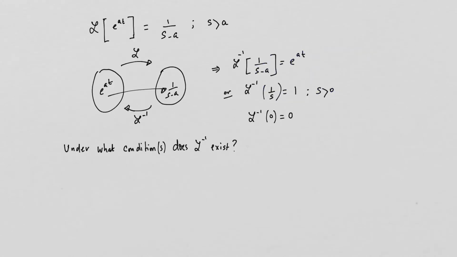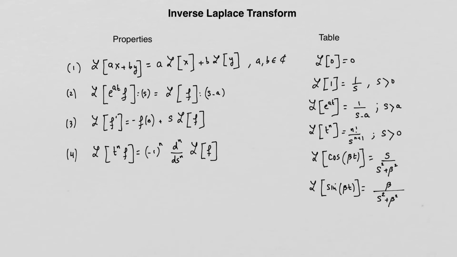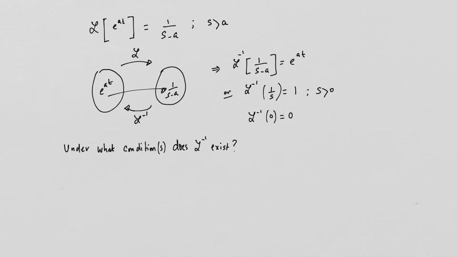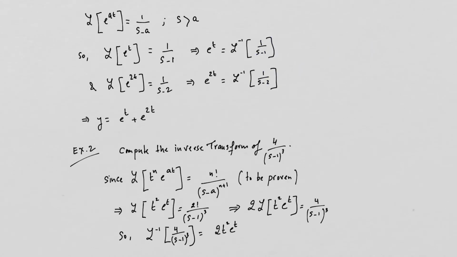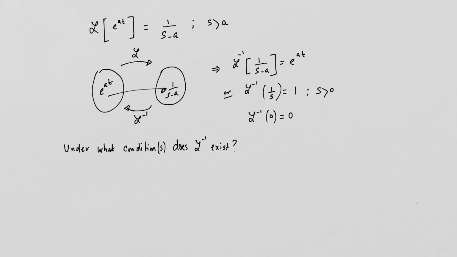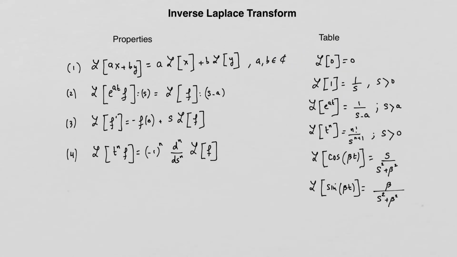Notice, let me pause here. Notice we have e to the at times some f. Let me remind you what the question is: Laplace of power and exponential. This is what I'm introducing right now. I'm just giving you a hint basically. You can call this the power, the t to the n, and use that.